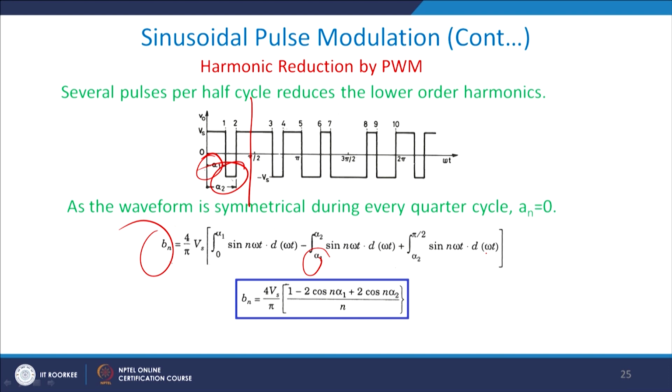If you substitute, you get Bn equal to 4 Vs by n pi times 1 minus 2 cos n alpha 1 plus 2 cos n alpha 2.